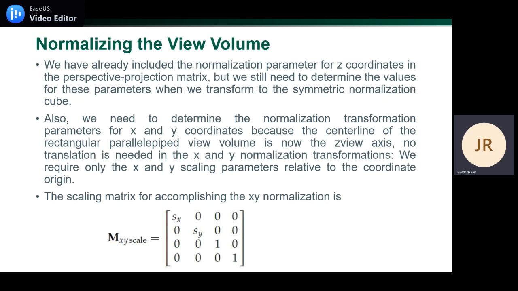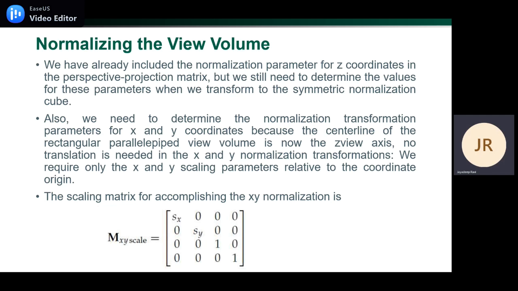We have already included a normalization parameter for z coordinates in the perspective projection matrix, but we still need to determine the values of the parameters when we transform to the symmetric normalization cube. We also need to determine the normalization transformation parameters for the x and y coordinates, because the center line of the rectangular parallelepiped view volume is now the z view axis.